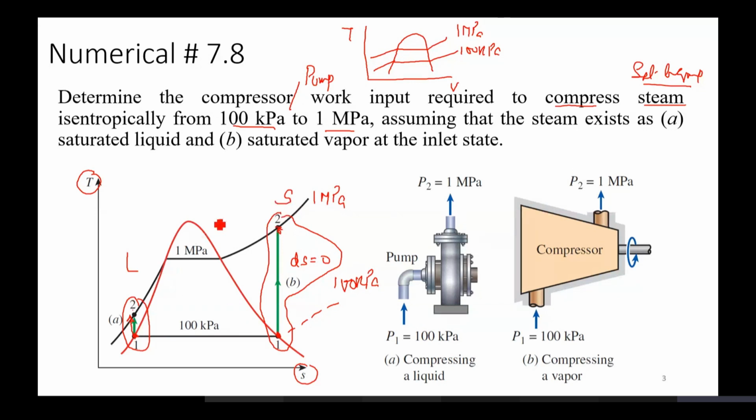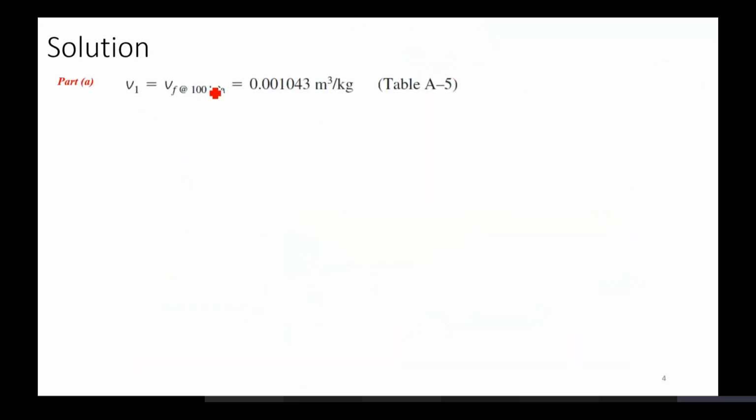In case of liquids, the relationship is the same. You have to find the integral from 1 to 2 of VdP. But in the case of liquids, since dV is approximately equal to 0, you can say that V is constant, and V you can find out for state 1 as Vf at 100 kilopascal. So this is for saturated liquid.